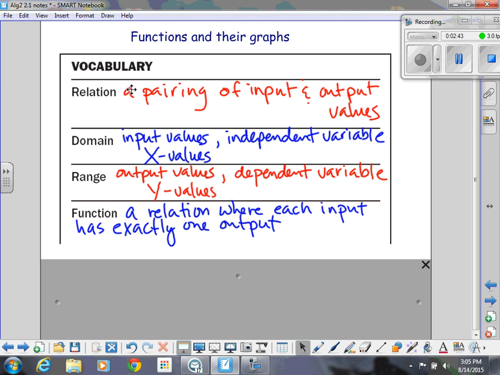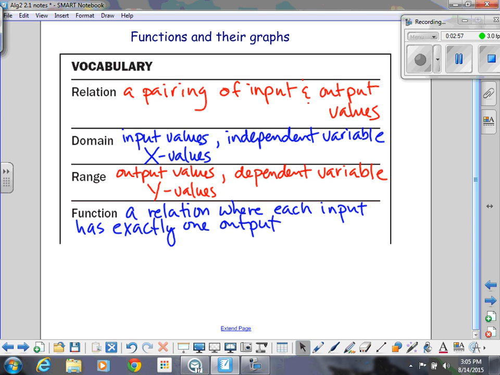Okay, so each x value only matches up to one y value. For example, if I plug in a value, I should only get one single answer. I shouldn't be able to plug in the number 3 and then get two different answers.